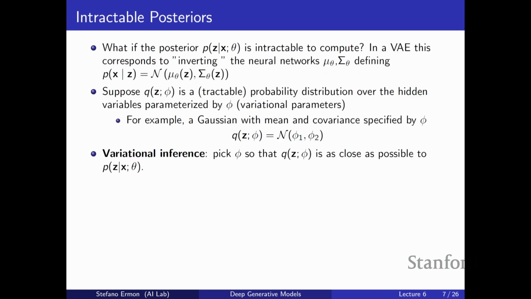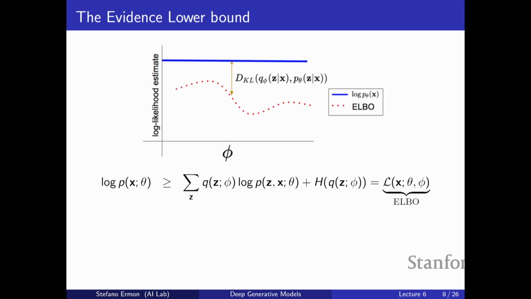All right, so that's sort of the idea, and in pictures again, it looks something like this. For a given x and a given choice of theta, which are the parameters of your variational autoencoder, your decoder, there is a true value of the log probability of x, which is this blue line here.